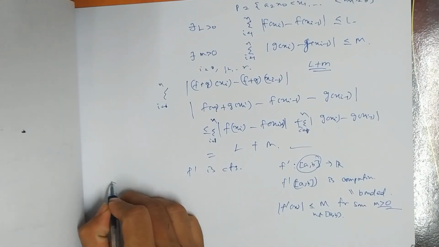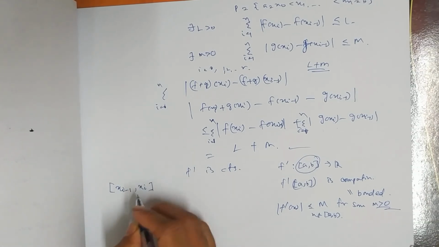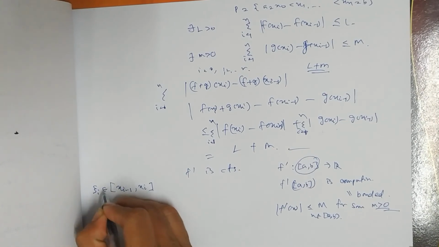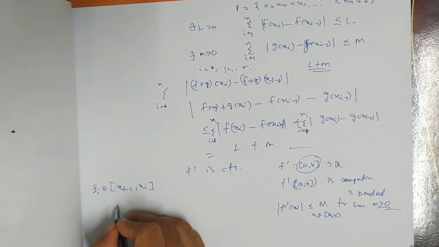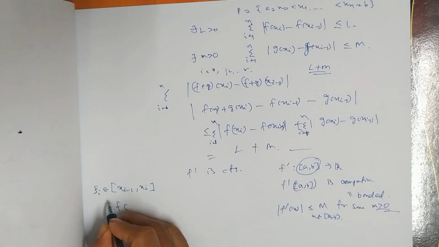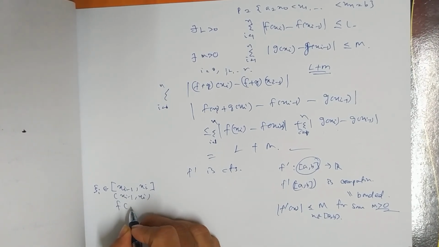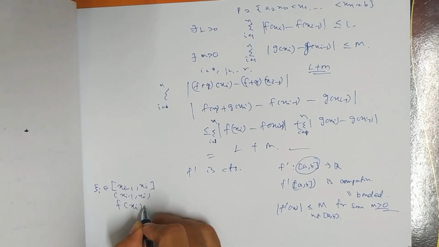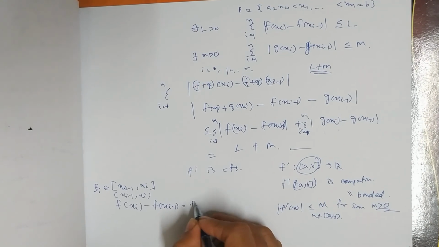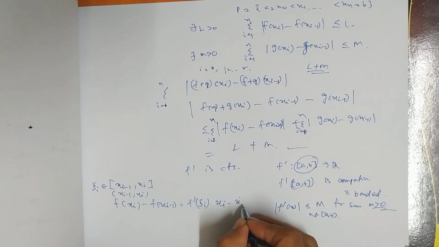So there is some zeta i belonging to the open interval such that f of xi minus f of xi minus 1 equals f prime of zeta i times (xi minus xi minus 1).